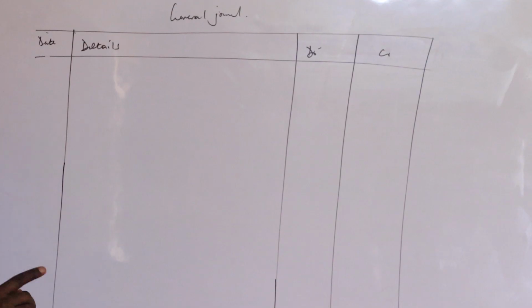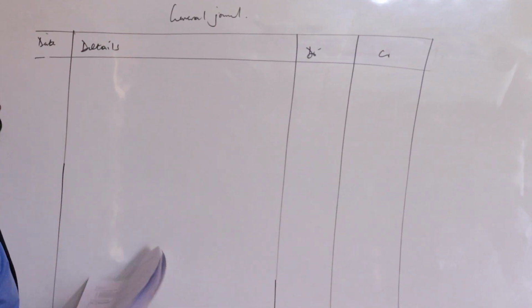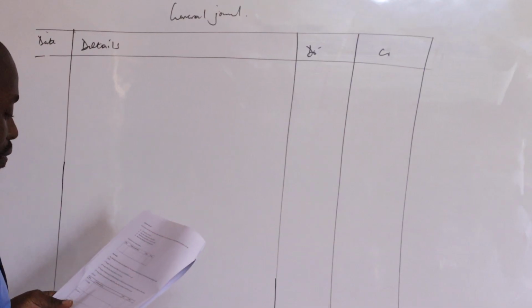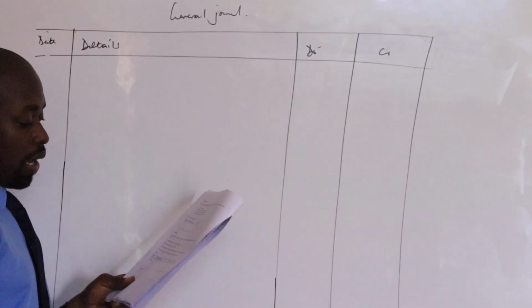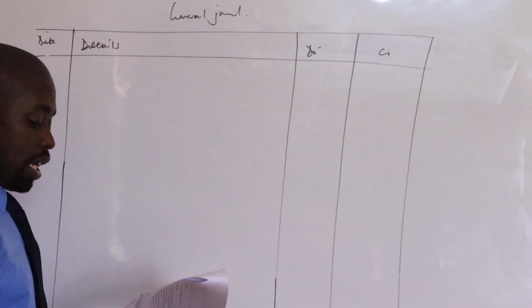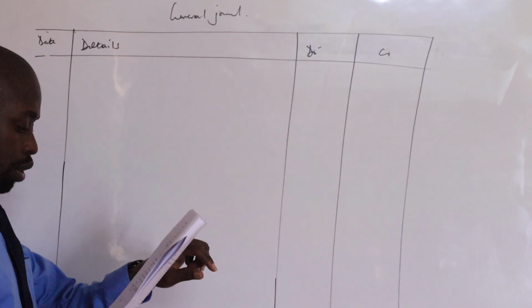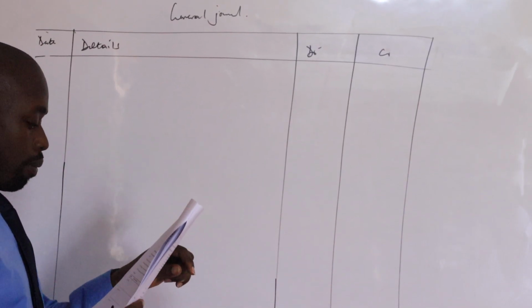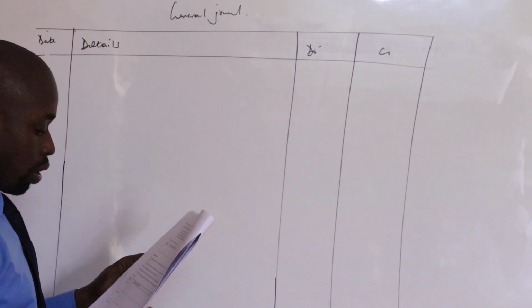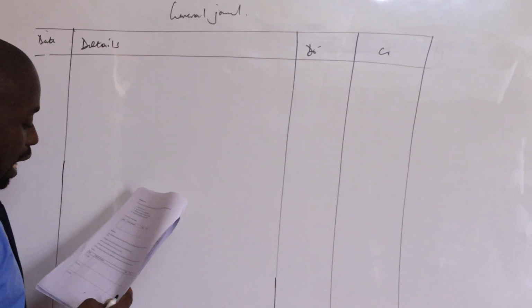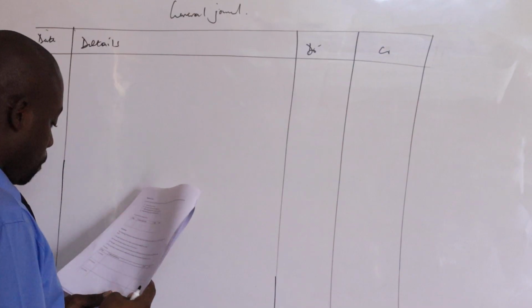Now, I have some questions to use for this. The following transactions were obtained from the financial books of Calypso Limited for the financial year ending 31st July 2025. The first one, bought machinery from Dilbo Traders at 2.5 million on credit.